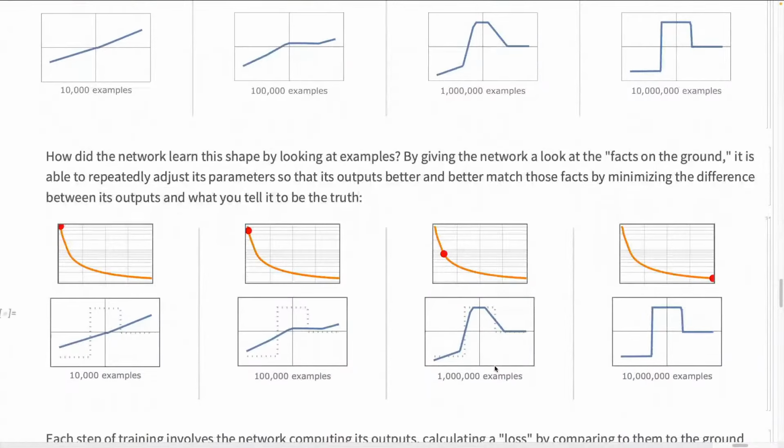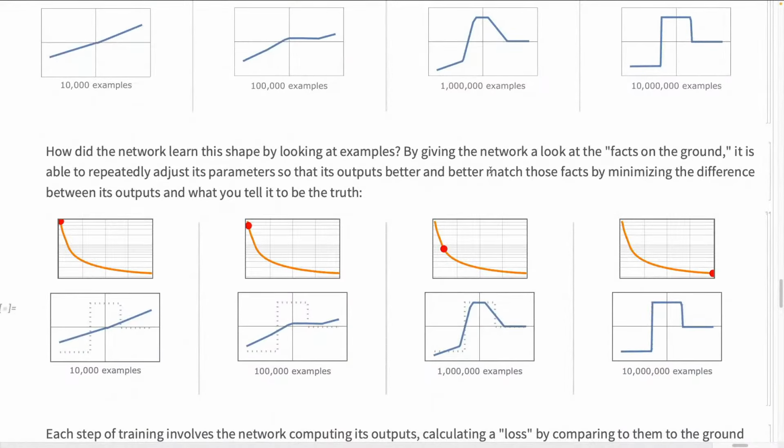The way that the network learns by looking at examples, and we'll go into a little more detail about this, is that we give the network these examples, and it considers them to be the facts on the ground. So it will keep adjusting its parameters so that when it puts in an input, it gets an output closer to what's expected.